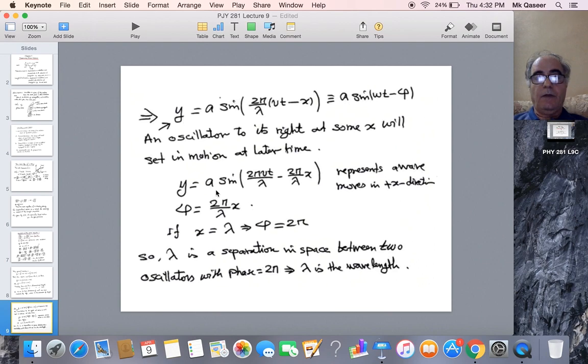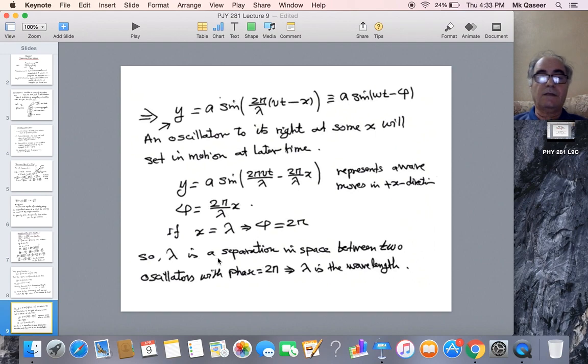Now, we have y written as a sine of 2 pi vt over lambda minus 2 pi over lambda times x. If we compare this expression with this, it means that phi equals 2 pi times x over lambda. Now, if we take x equal to lambda, it means that phi equals 2 pi.